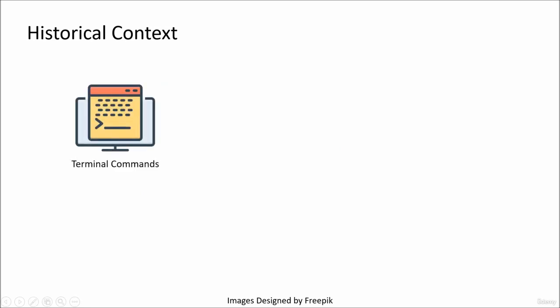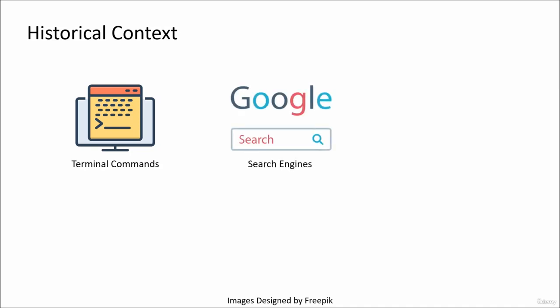The term prompt engineering might sound new, but it has roots in decades of human-computer interaction. In the early days of computing, users had to type commands into terminal interfaces. These commands had to be exact. A missing semicolon could crash your whole program. Then came search engines like Google, where you had to learn how to Google better, using quotation marks, Boolean operators, and keywords. Later, we had voice assistants like Siri and Alexa, where prompts became more conversational, but still had to be carefully phrased.